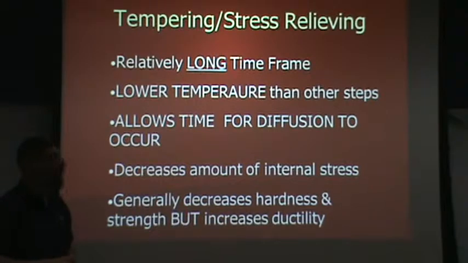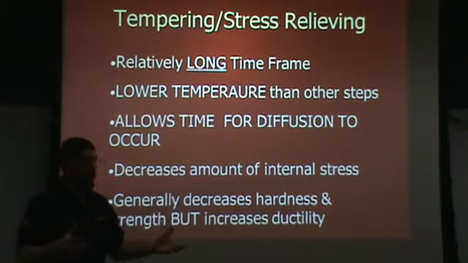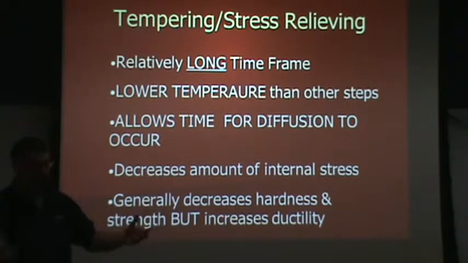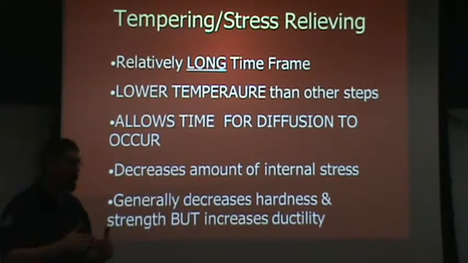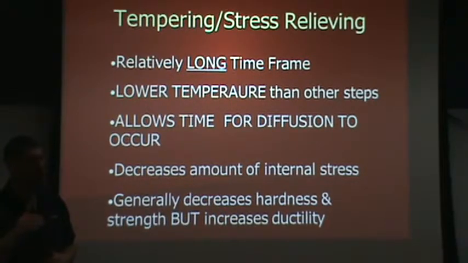So generally what we'll do is, let's say I needed to make a part and get it tempered at, say, 1150. If I tempered at 1150 to get my hardness and mechanical properties, I would probably do stress relieving at about 100 degrees below the tempering temperature, and in that way, I'm unlikely to affect the mechanical properties, but I can still put enough energy in to allow those dislocations to realign themselves and relieve that stress.